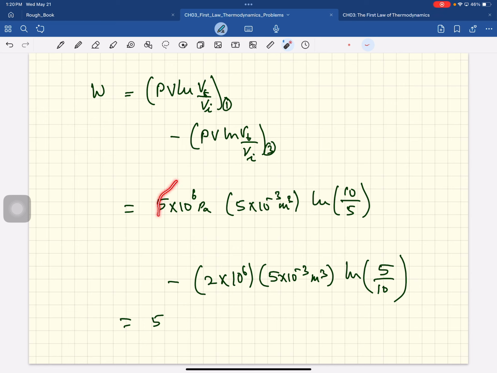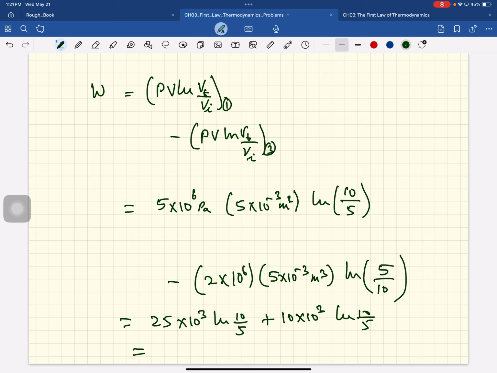Okay, so I'm going to do this, 25 times 10 to the 3, plus 10, 2 times 5 is 10, 10 times 10 to the minus something, and this will be in joules.